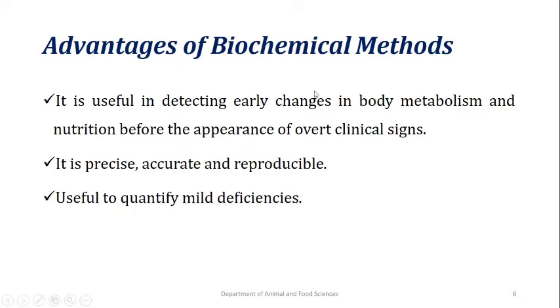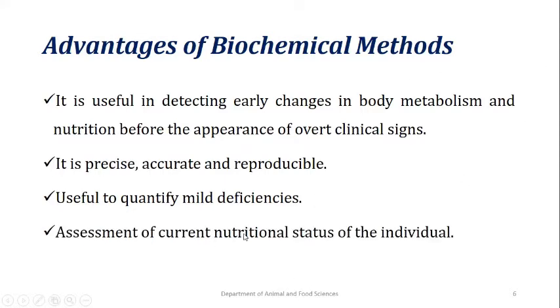But using biochemical methods, we can identify the mild deficiencies. By identifying mild deficiencies, we can prevent them. That is where the importance of biochemical methods lies, and it represents the current nutritional status of the individual.